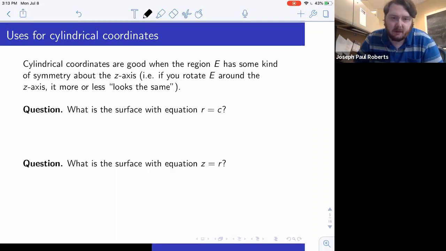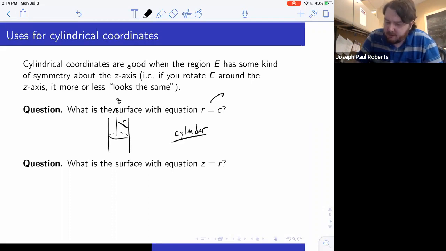So we could just think, okay, well, what's the surface with equation r equals c? So it's the set of points r away from the z-axis. So remember, in cylindrical, you want to think of r as being distance to the z-axis. So it's all points that are r away from the z-axis, so you get an infinitely tall cylinder.